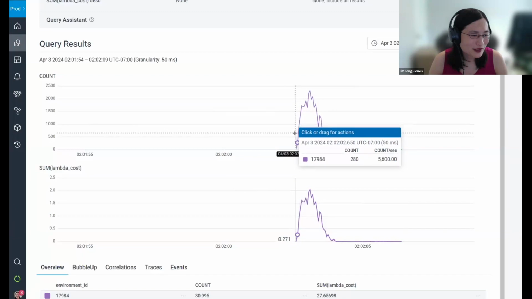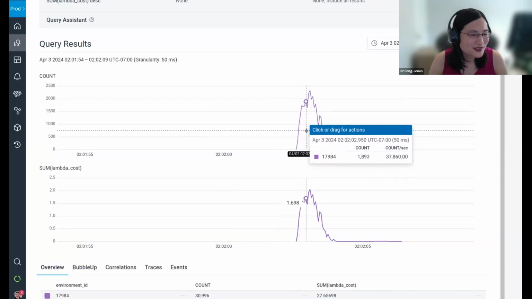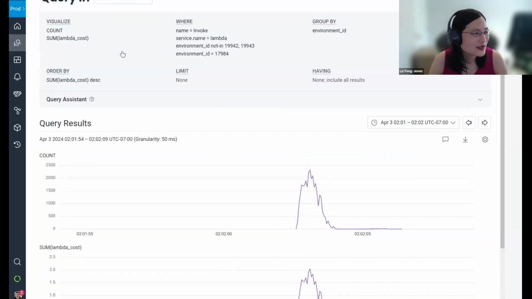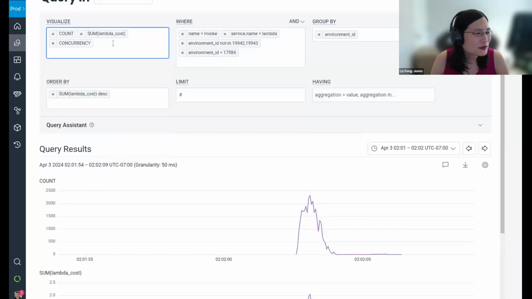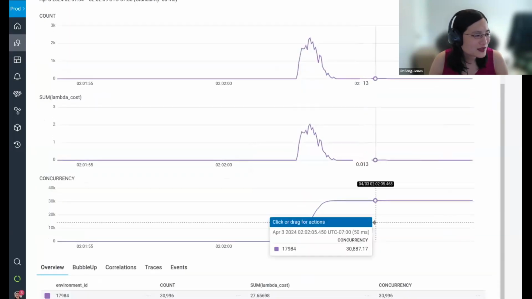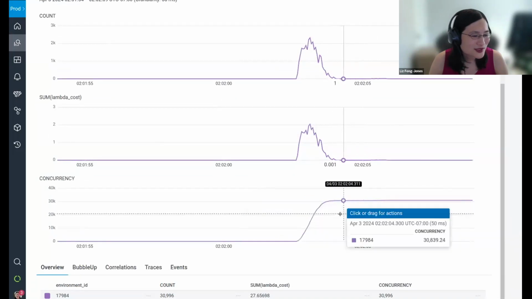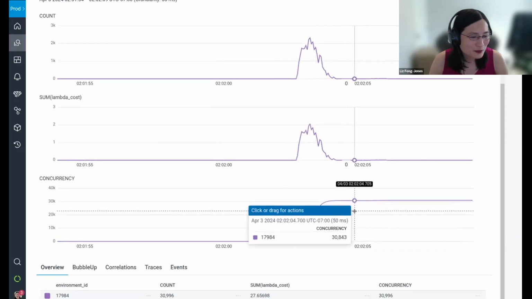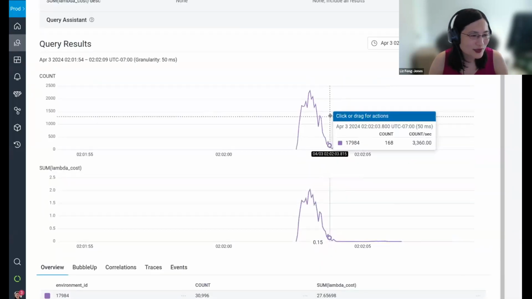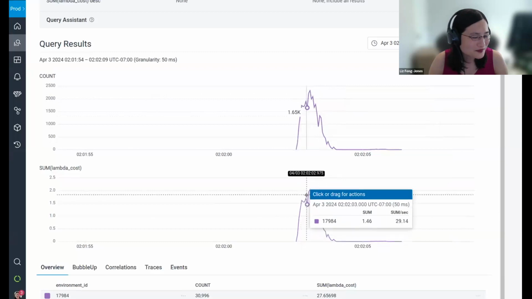You can see that we went from completing 280 requests per 50 milliseconds to 949 requests per 50 milliseconds, and peaking at something like 2,300 requests per 50 milliseconds. I think it's safe for me to show you concurrency here. Yeah, you can see that for a brief period of time, we were running something like 30,000 workers in parallel to process this one request.